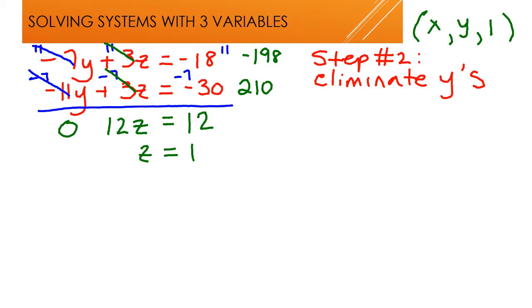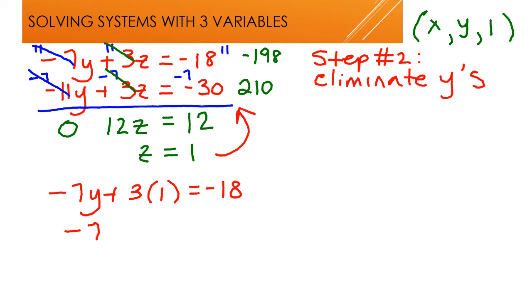All right, now I'm going to go back to the equations that I was using here. It doesn't matter which equation I use, I'm just going to put z into one of these equations. So let's use the -7y plus 3 times z, which is 1, equals -18.